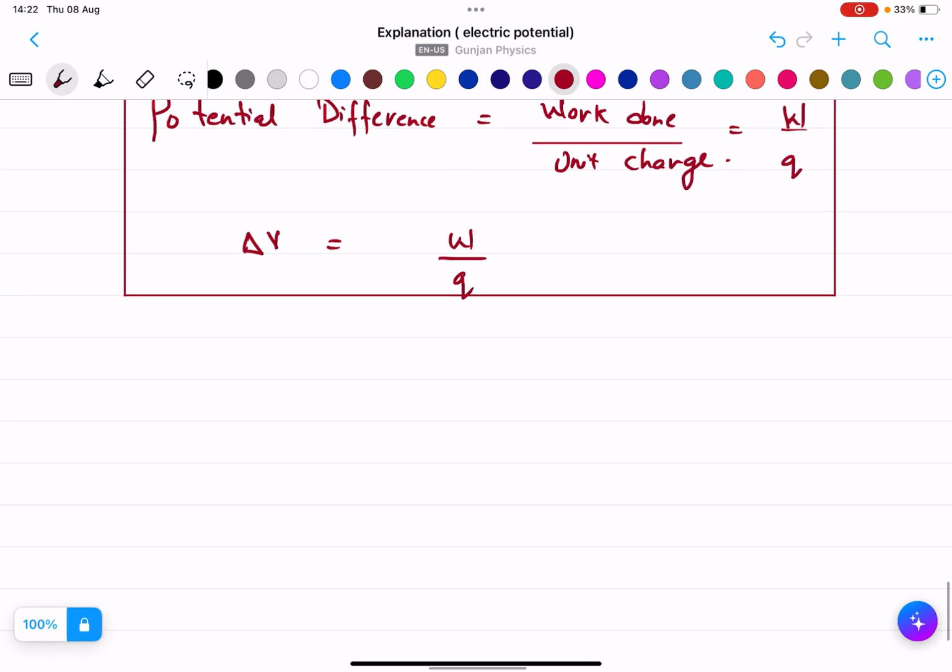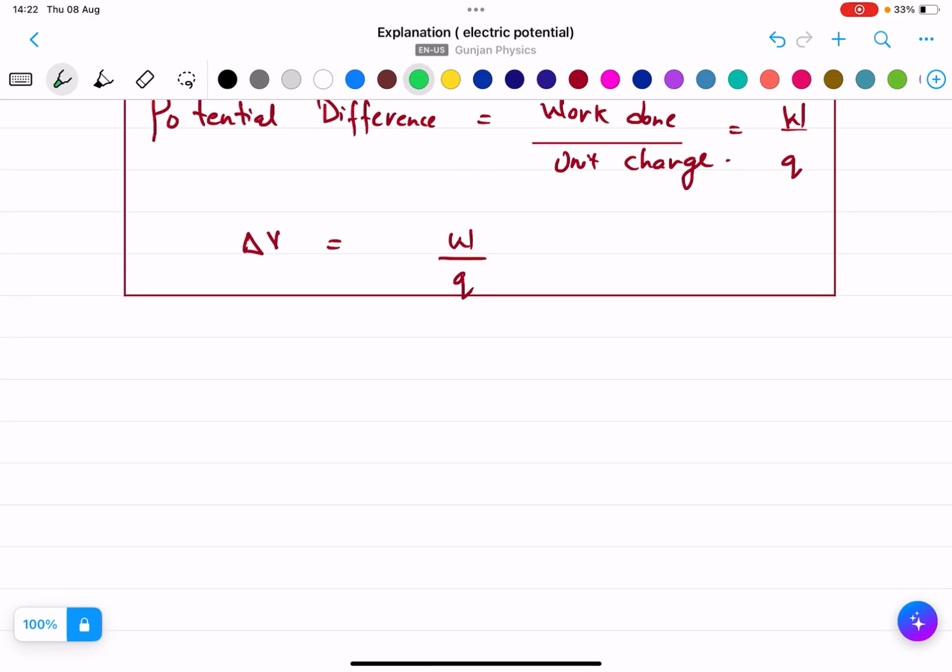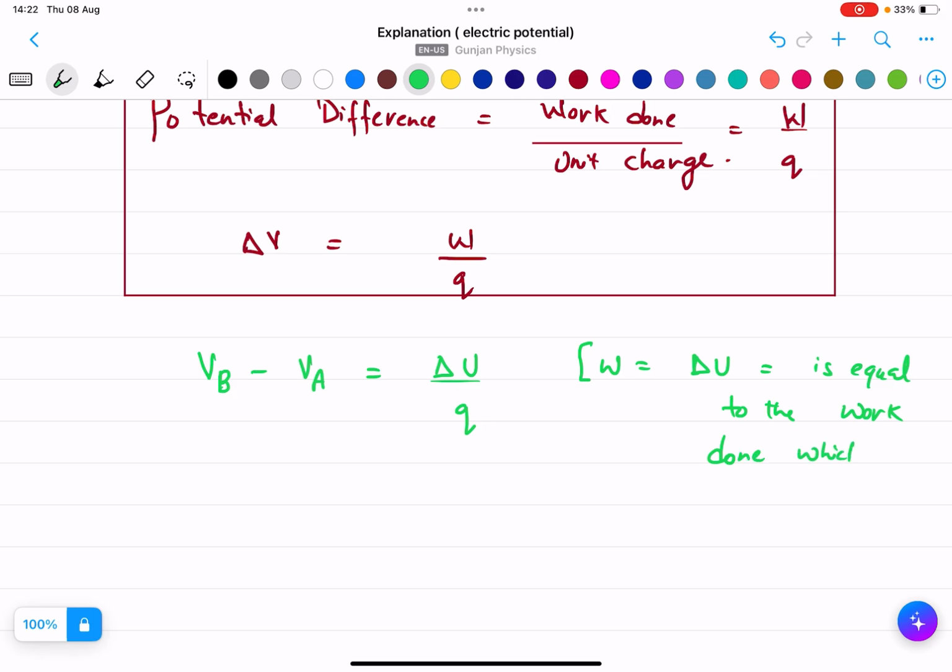Now, because it is delta V, and I explained to you it is the difference between two, can I say it is VB minus VA or V2 minus V1, anything. And work done is basically the potential energy, delta U over Q. So I can write W equals delta U, the work done which is bringing change in potential energy.